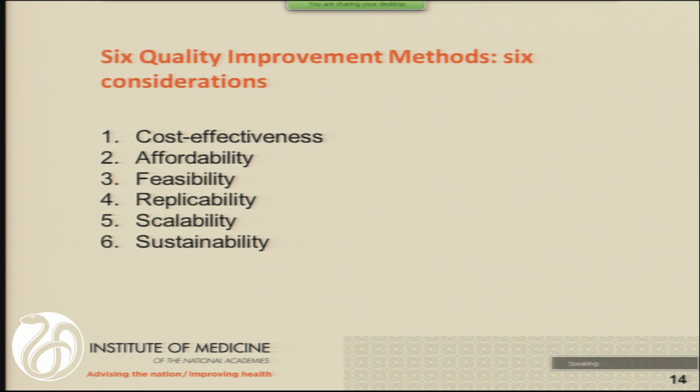I think going forward in relation to decision making, these considerations are critically important: cost effectiveness, affordability, feasibility, replicability, scalability, and sustainability. Next.